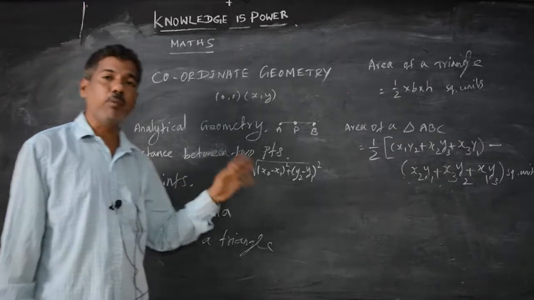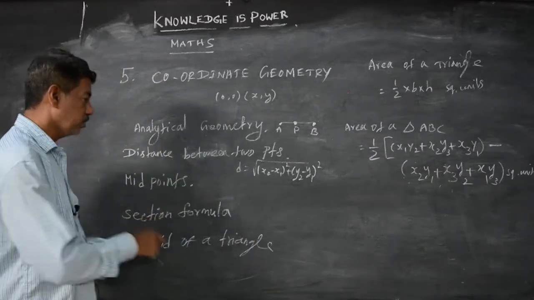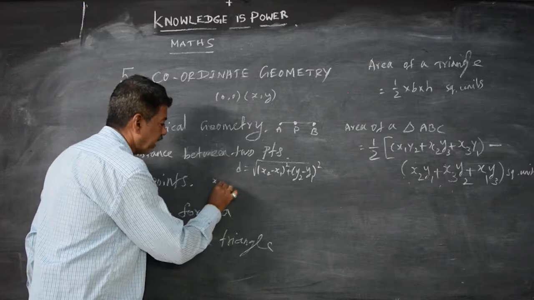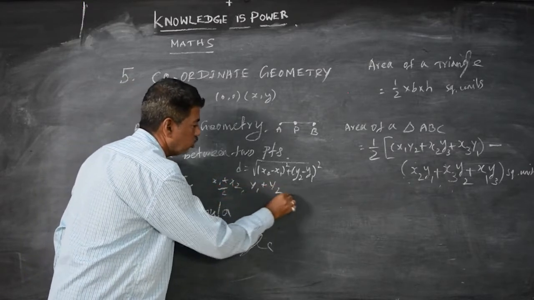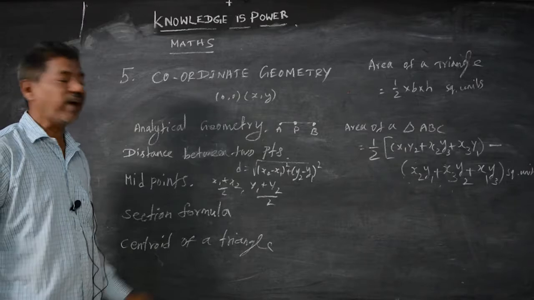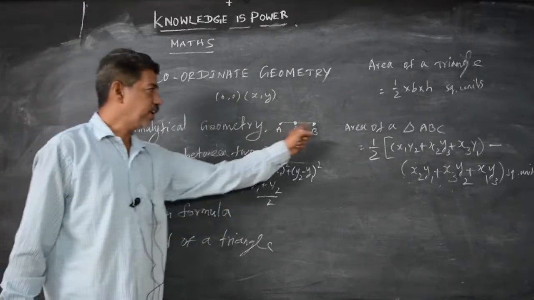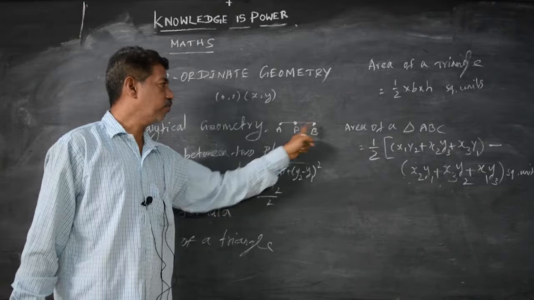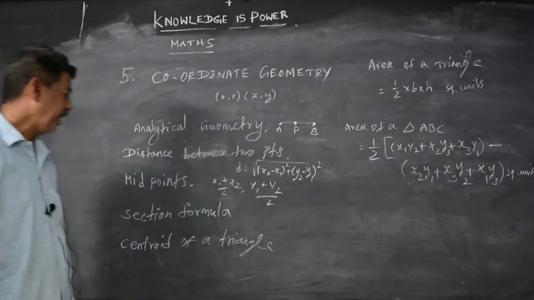All this we studied last year. Midpoint: x1 plus x2 by 2, y1 plus y2 by 2. For example, the midpoint of AB is P, and we find P by using the coordinates.